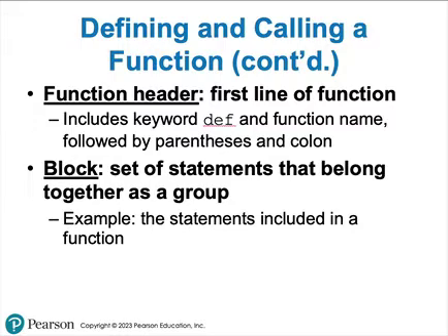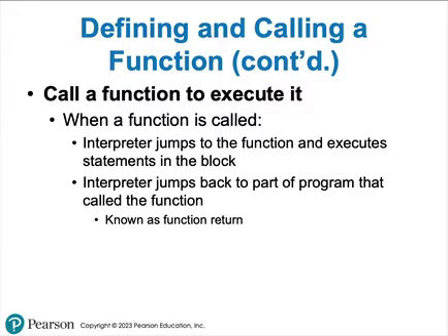When you want to execute the code of a function, that's called calling the function. So for example, you might have a main program that's executing along, and then you call a function. When you do that, the flow of control of execution goes from your main program to the function.